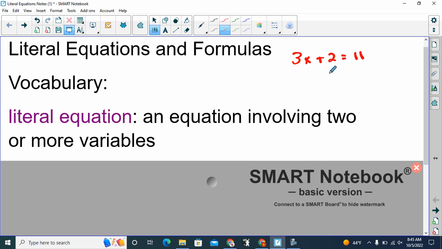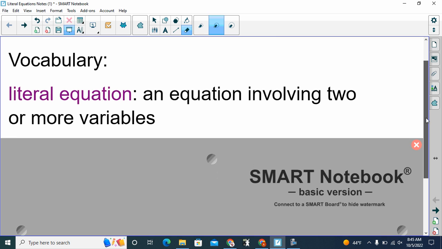We can solve that equation. We've been doing that. If it has two or more variables, 3x plus 2y equals 11, I have two variables, x and y. That is now a literal equation. Again, literal equation, an equation involving two or more variables.